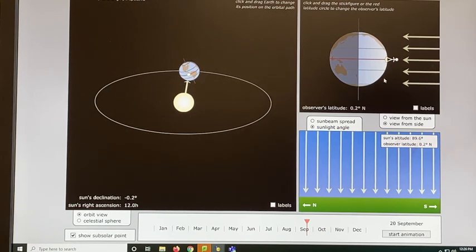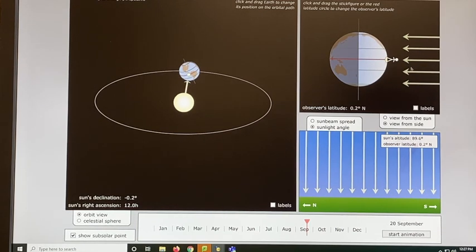Latitude is 0, basically. Sun's altitude is approximately 90 degrees. You can round this to 90, that's as close as I can get. So the sun on this fall equinox, autumnal equinox, is directly overhead. Right ascension is 12 hours, declination is 0.